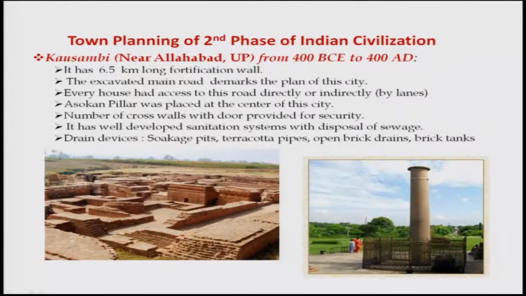If you look here, it is quite well planned. That might be some kind of a door here, and there are stairs and other things, quite well planned, and it had a developed sanitation system with disposal of sewage, because they could find soakage pits and terracotta pipes, right, open brick drains and brick tanks.